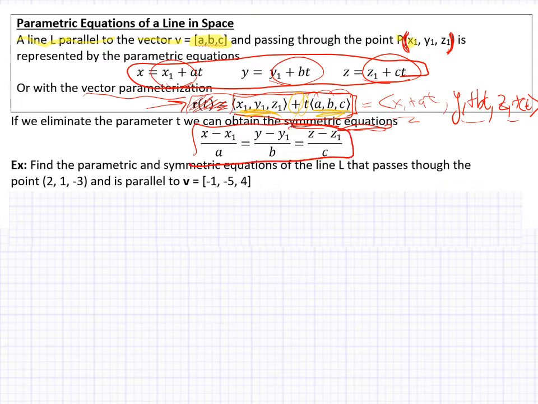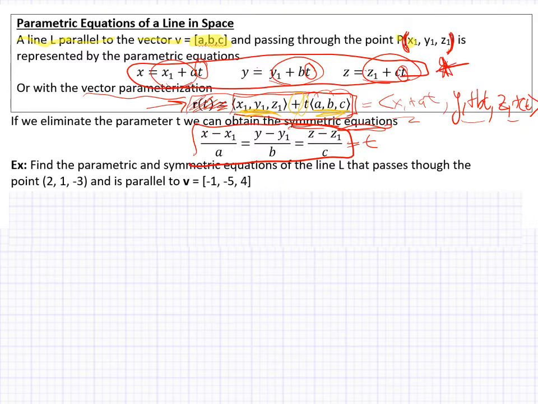Rather than solving each equation for x, y, and z, we can solve each equation for t. But the t in this equation is still the same t in this equation. Those are all the exact same t. So if you solve each one for t, you should be able to set them equal to each other. So everything here equals t, and that's where we get the symmetric equations. Again, my preference, the parametric equations.